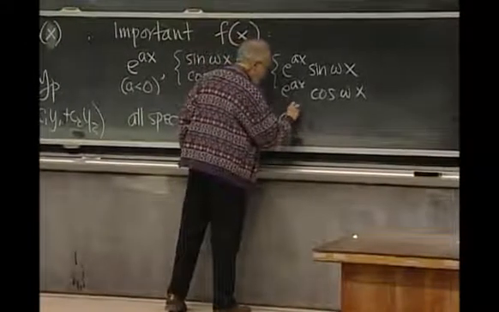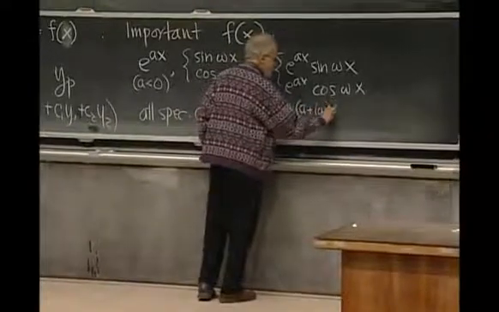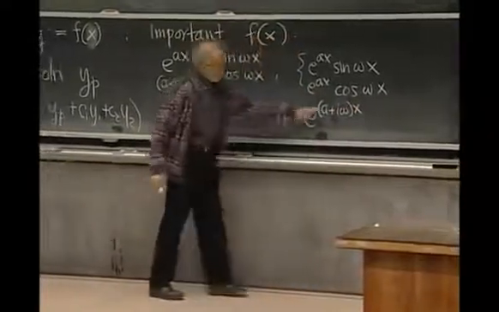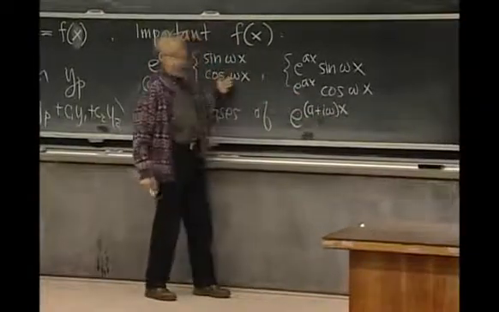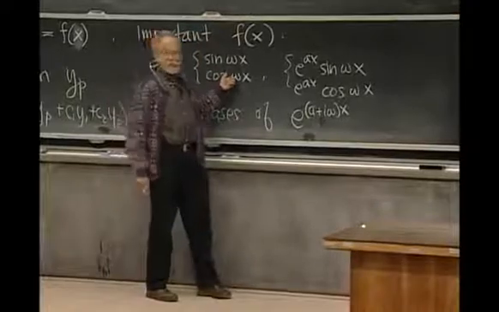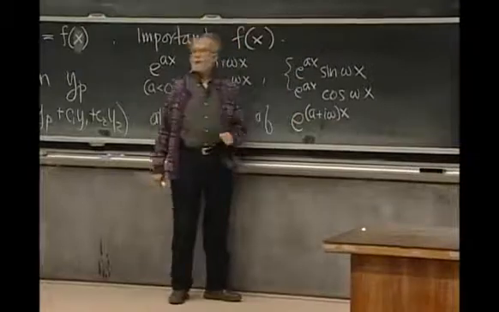Well, why don't we write it of a plus i omega x, right? If omega is 0, then I've got this case. If a is 0, I've got this case, separating into its real and imaginary parts. And if neither is 0, I have this case.